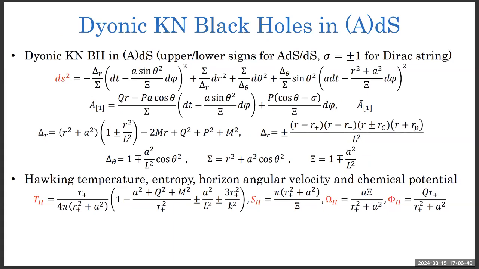The geometry has a string-like object due to the existence of the sigma. So in that case, is there any confusion in the entropy formula? Oh, actually, it is independent. Only the electric charge and magnetic charge enter here.